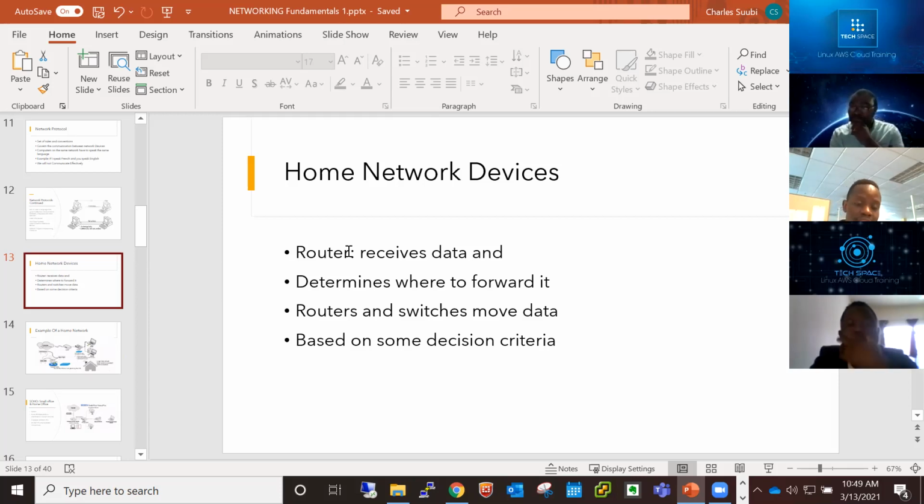That means it will receive information and feed it to your devices, and also route that information from your devices into the outside world. The router will receive data, and after receiving that data, it will determine where to forward it. Routers and switches move data based on some decision criteria. We shall look at those decision criteria when we go in depth into routers and switches.